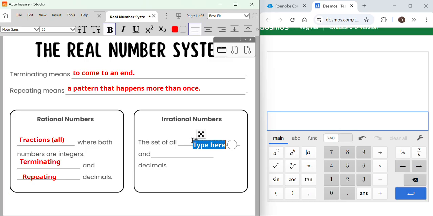All right, now let's come over here and talk a bit about irrational numbers. Irrational numbers are the set of all non-terminating, that means they do not stop, and also non-repeating decimals.